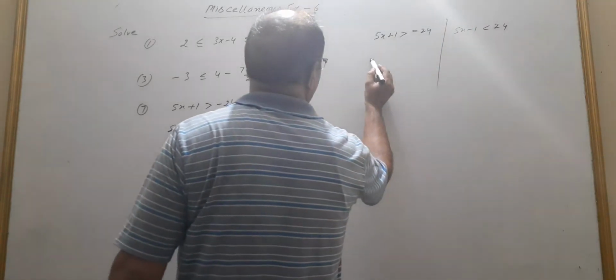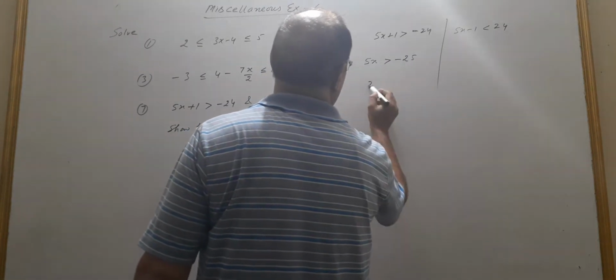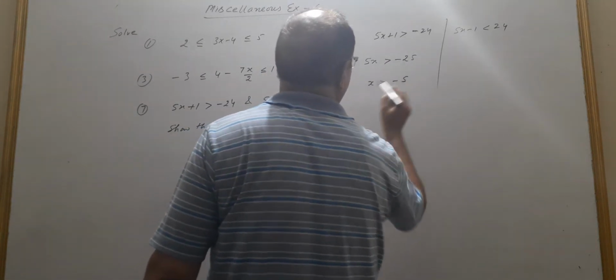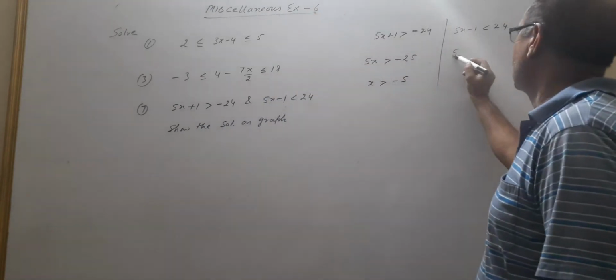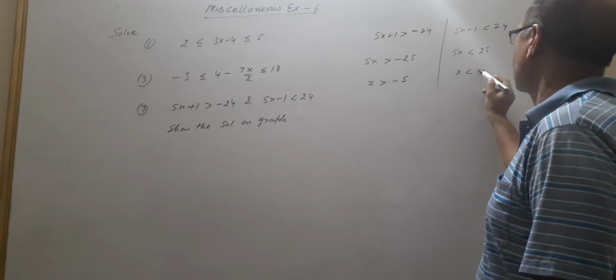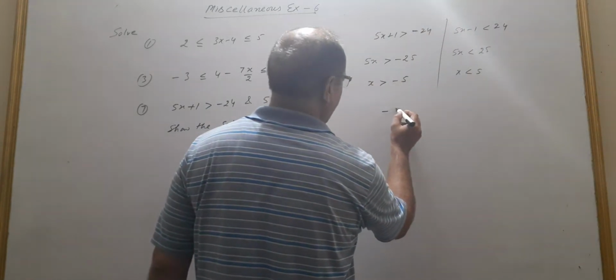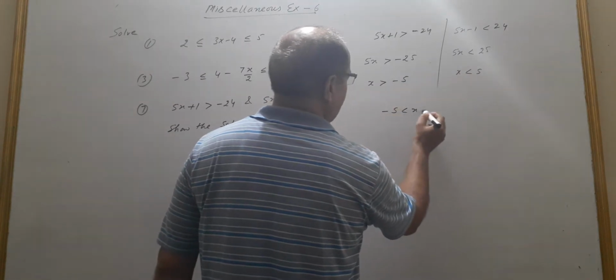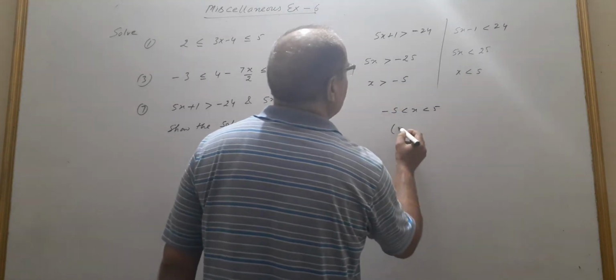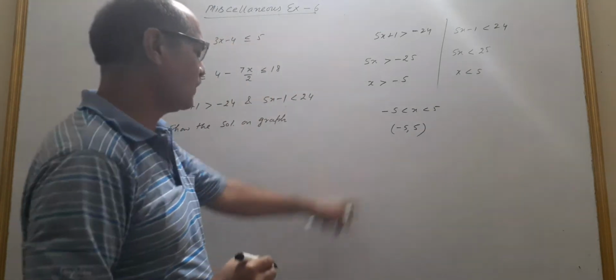On this side we will write 5x is greater than -25, or x is greater than -5. Here, if I solve this, 5x is less than 25 or x is less than 5. Then by combining these two results we write -5 is less than x is less than 5. Now this is an open interval because the boundary points are not included.